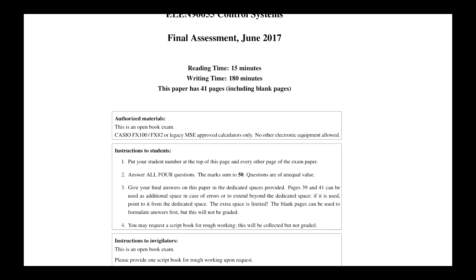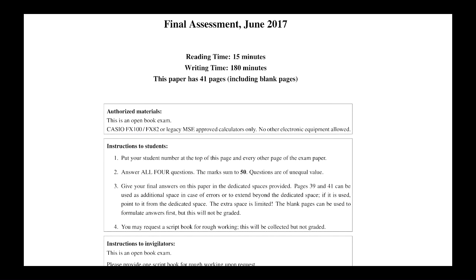It's not critical. But if you're going to bring one in, just bring one of these two. These two are the only ones that the invigilators are prepared to check.